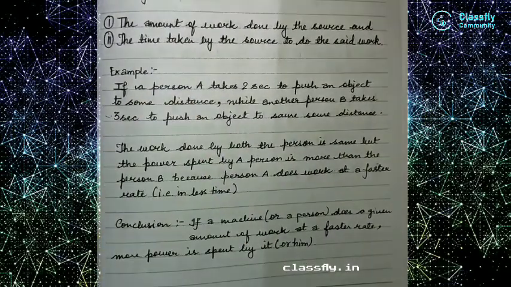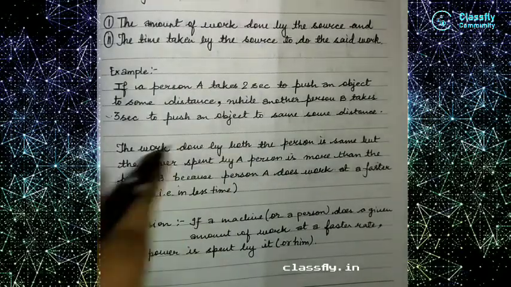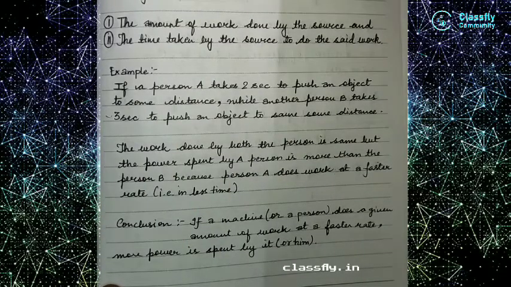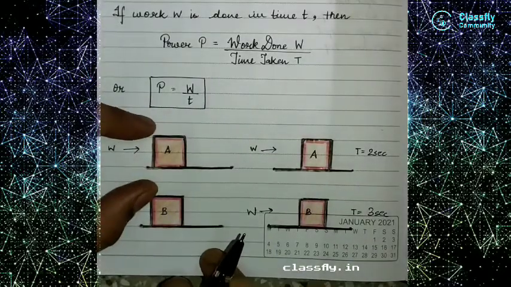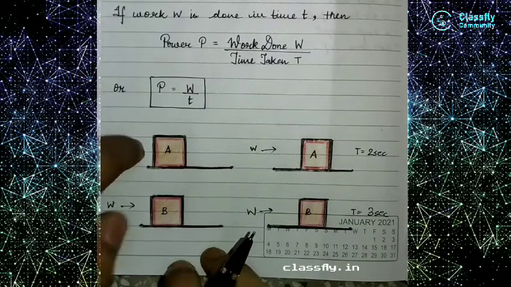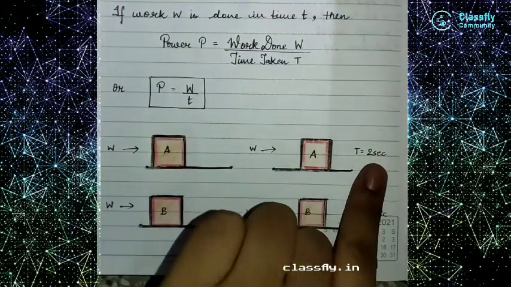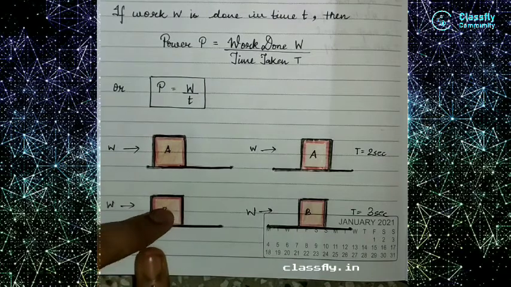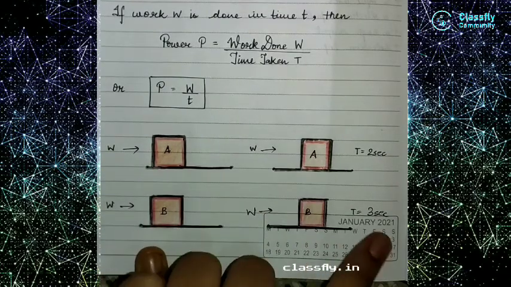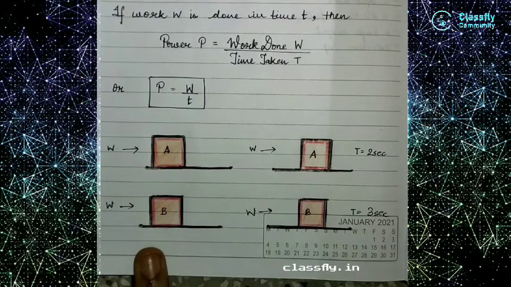If a person A takes 2 seconds to push an object to some distance, while another person B takes 3 seconds to push an object to some distance, like this object A pushed by person A and object B pushed by person B, then what will happen?